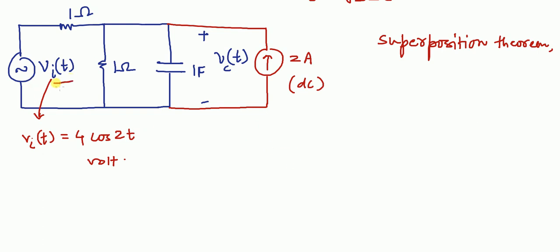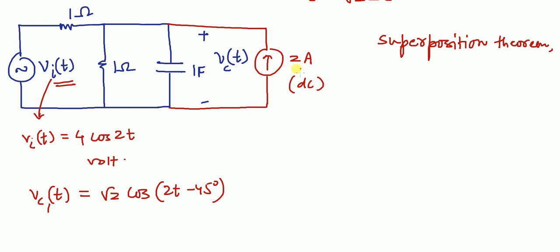When we consider voltage source, then we'll make the current source open circuit, and if we make the current source open, then this circuit is same as the previous circuit, and for that input we have already found the output, and the voltage across capacitor was root 2 cos(2t minus 45 degree).